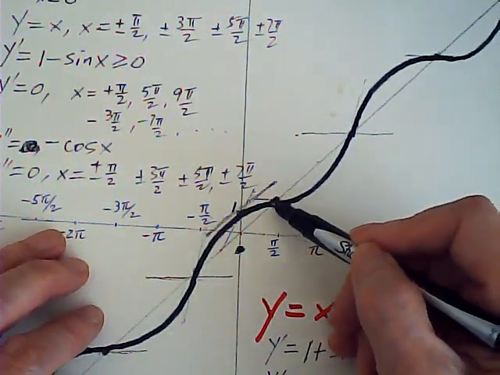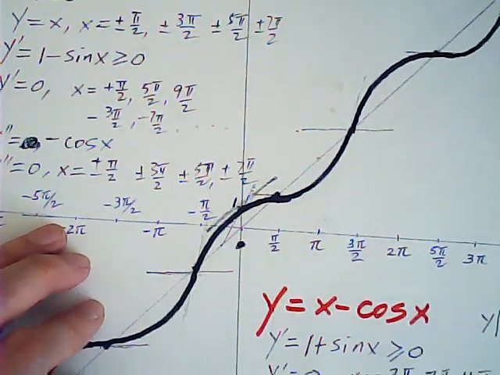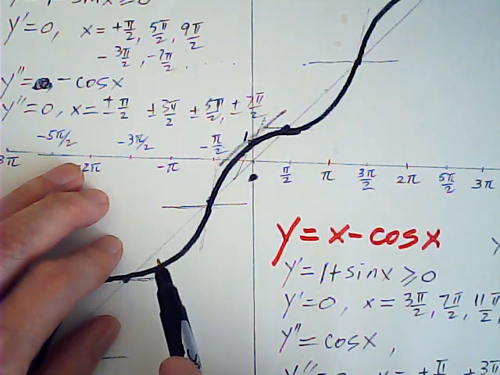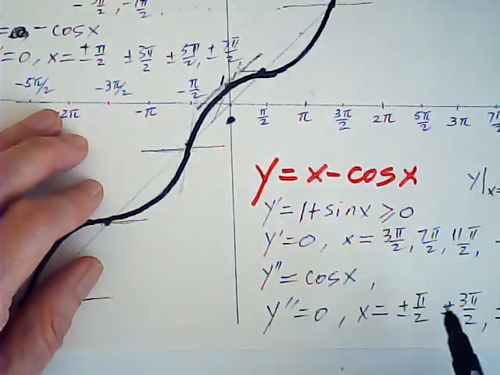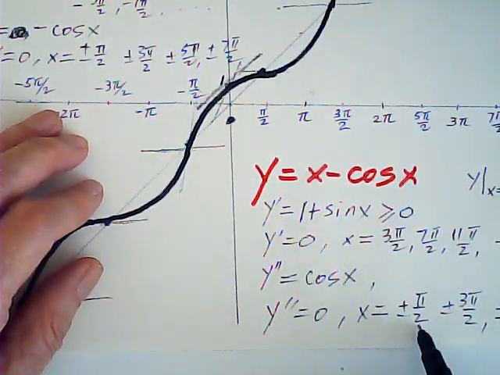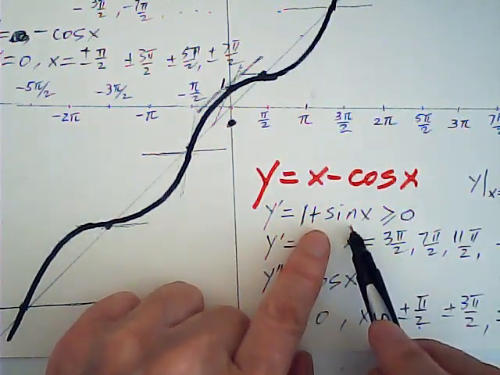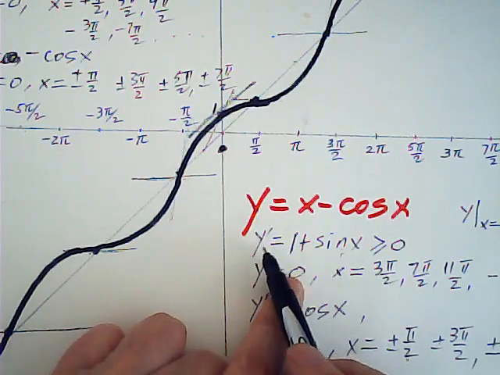So at this point and that point, they are points of inflection, right? Let's take a look at this point, positive half pi. You put it into the first derivative, it will be 2.